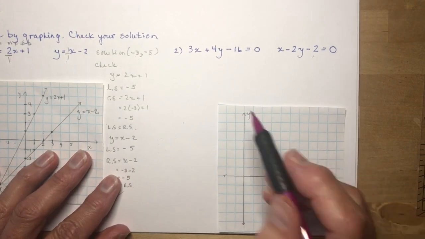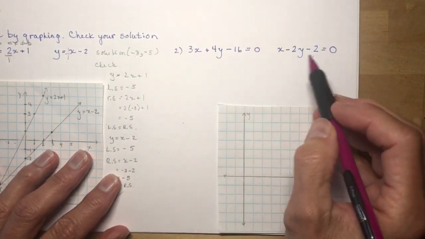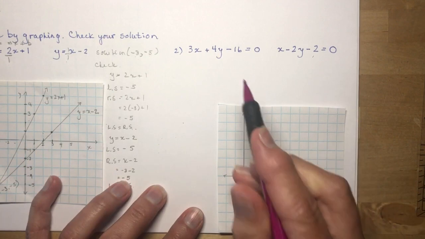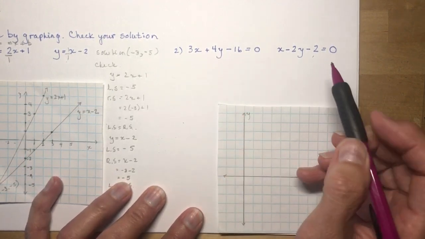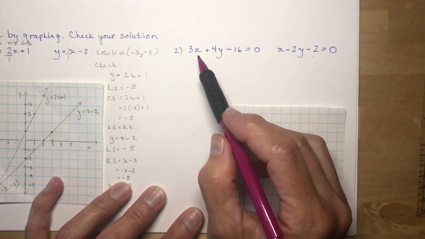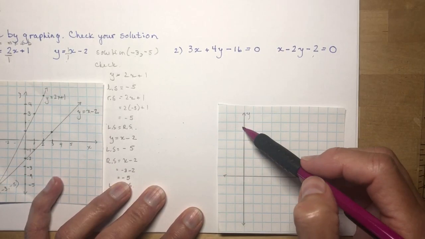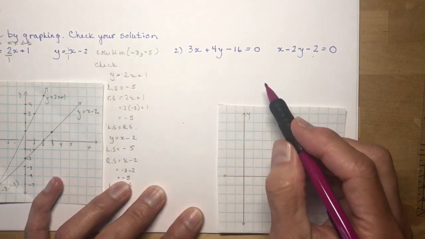The second thing we want to solve here is these two equations. And obviously they're not in a very nice format to graph. So in order to graph them, you could do it a couple of ways. You could find the x and y intercepts, like I said, and join them. Or you could rewrite this into y equals mx plus b format.